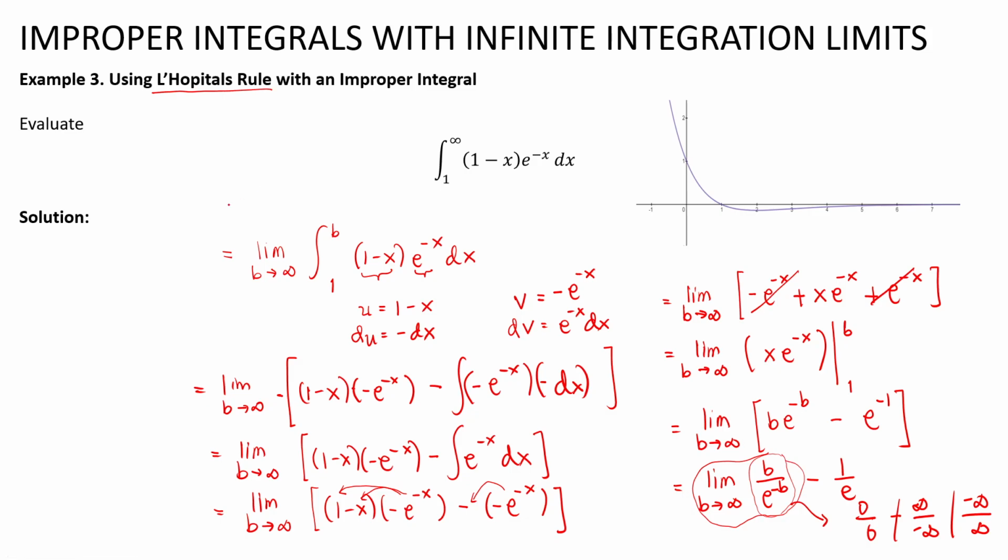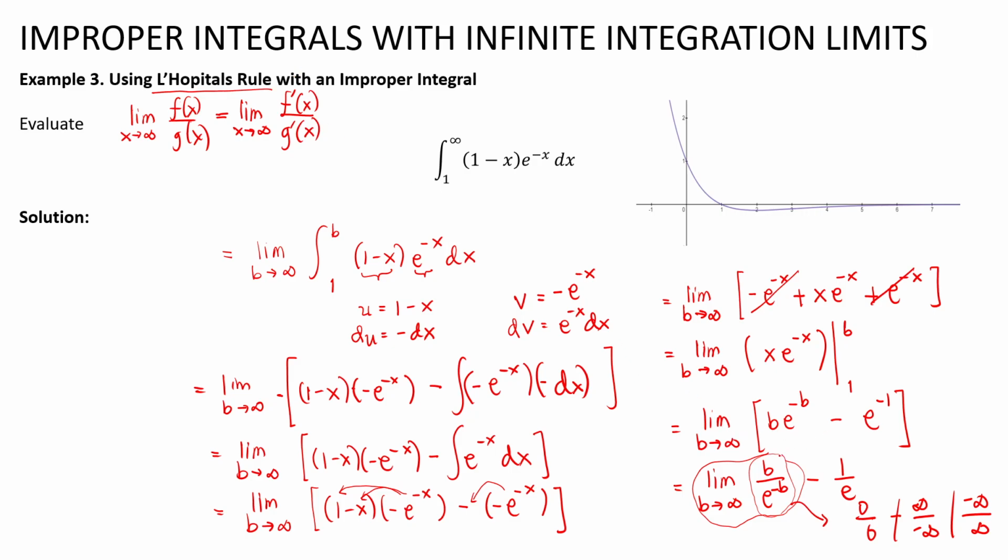And if you have forgotten what this rule is, again, let's say x approaches infinity, then you have f of x over g of x. What we need to do here is get the derivative of the numerator and denominator. By formula, it looks like this: f prime of x over g prime of x.